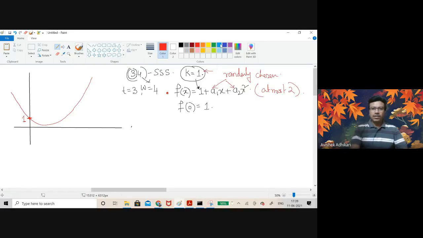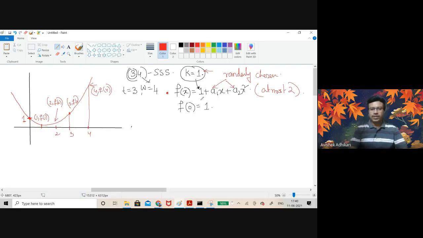Now suppose this is my 1, this is my 2, this is my 3, this is my 4. Okay. So this point is 1 comma f(1), this point is 2 comma f(2), this point is 3 comma f(3), and this point is 4 comma f(4), right?